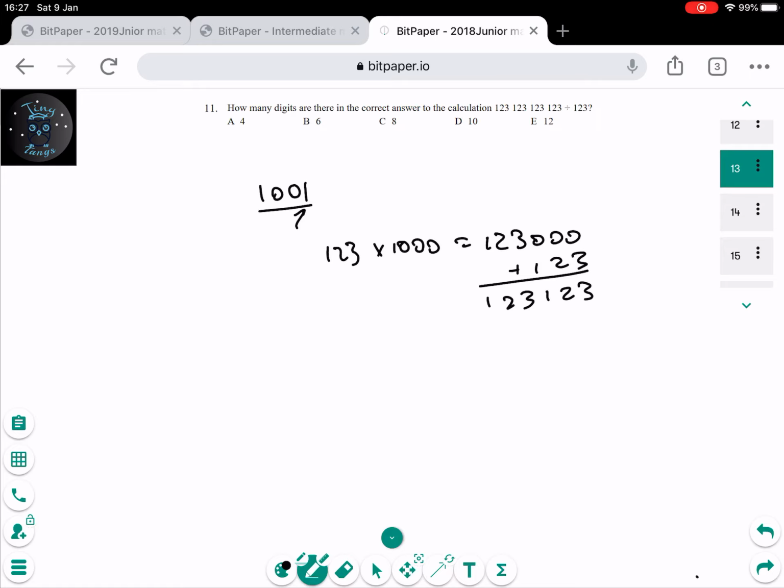So 1001001, two more zeros, yes, that's correct, times 123 equals 123 123 123. So the answer has 1 2 3 4 5 6 7 8 9 digits. Counting again, the answer to question 11 is D.